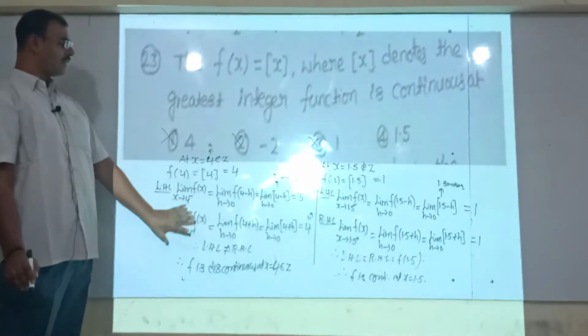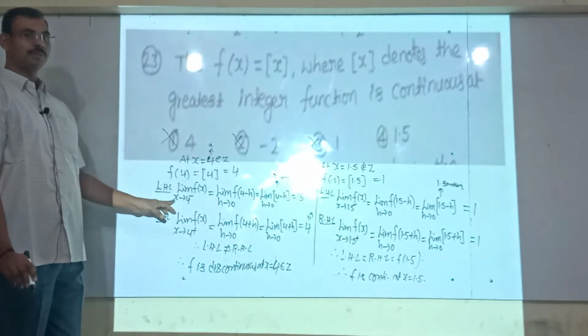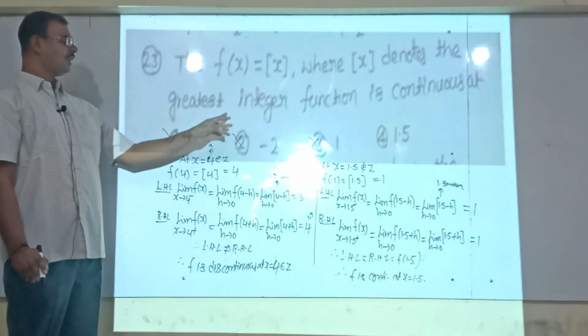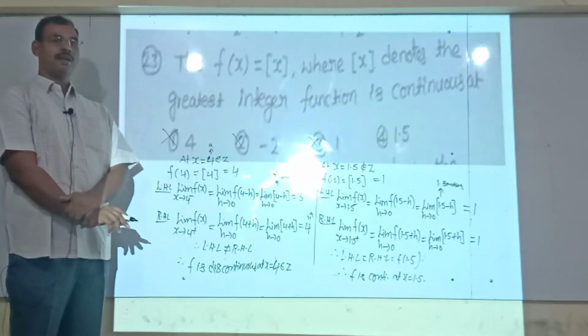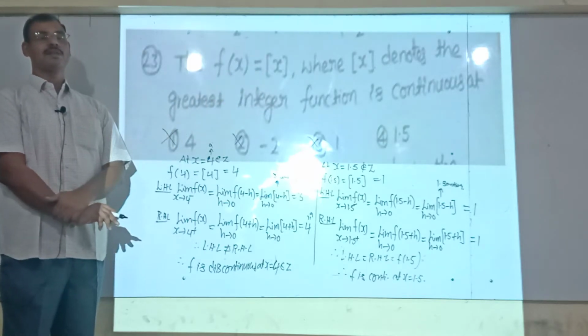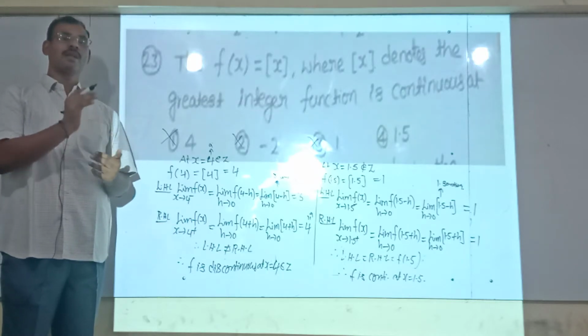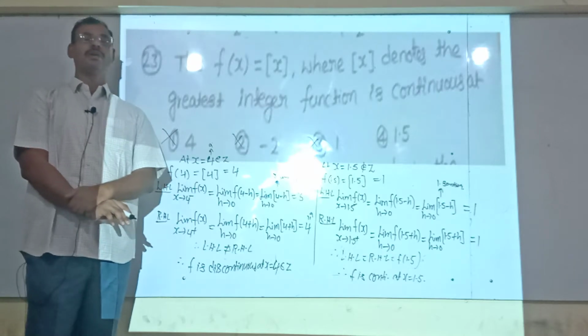This is the difference between the non-integer and integer forms. For any integer, the greatest integer function is always discontinuous, and the number of points of discontinuity is undefined.